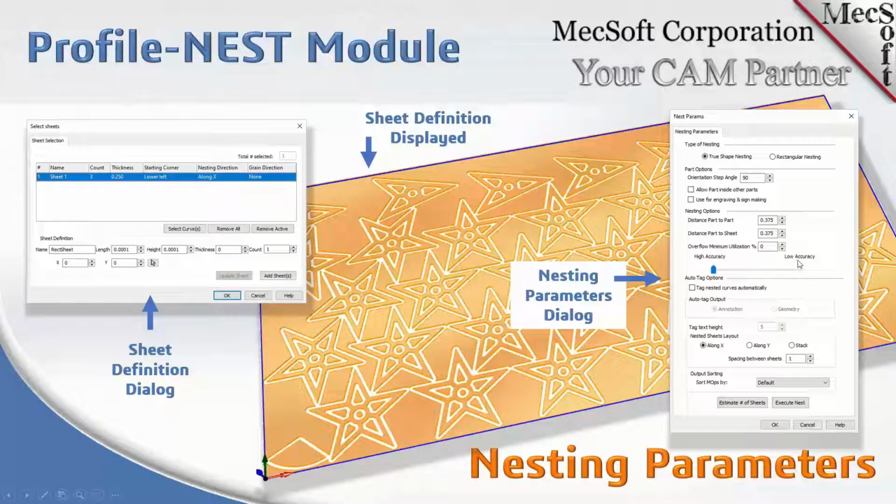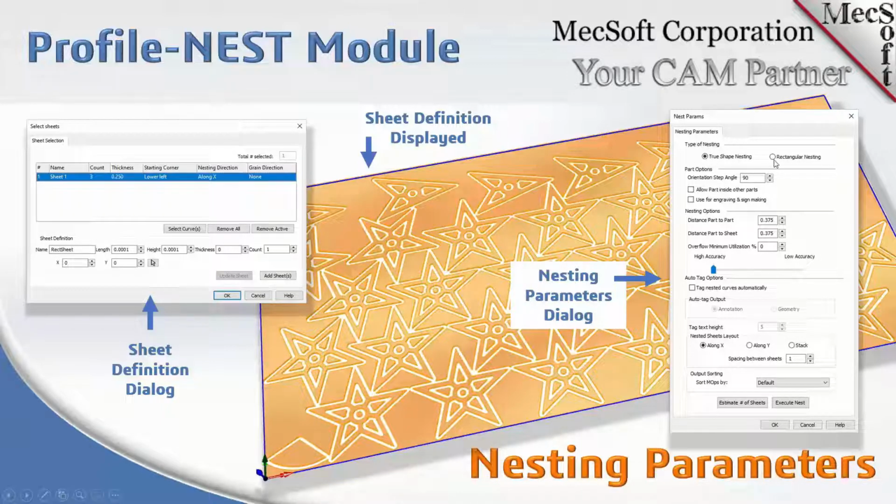And then over here on the right, we have a dialog just for your nesting parameters. If you're familiar with our nesting module, you will recognize almost all of these parameters. We don't have all of the same parameters as in nesting, but we do have quite a few. You can select the different type of nesting.